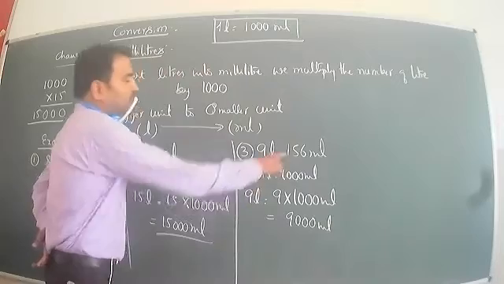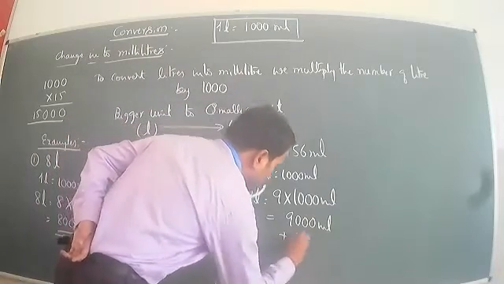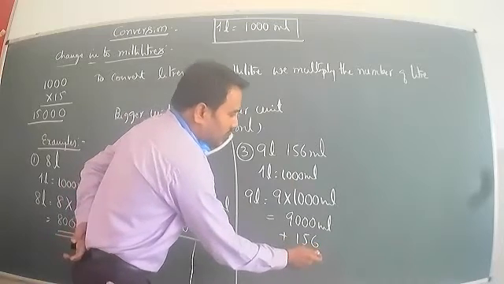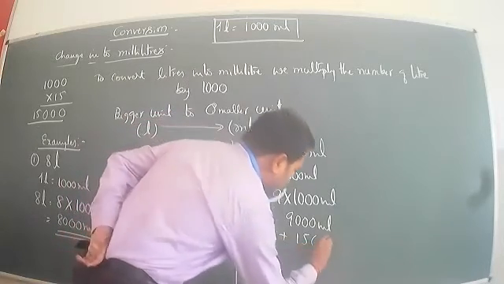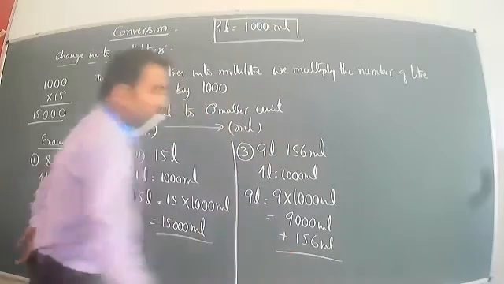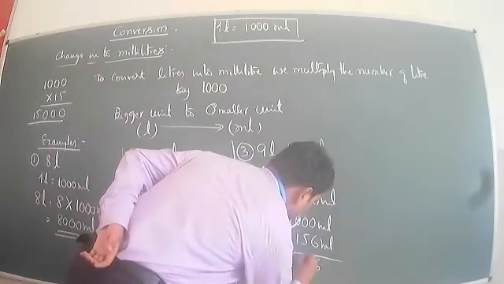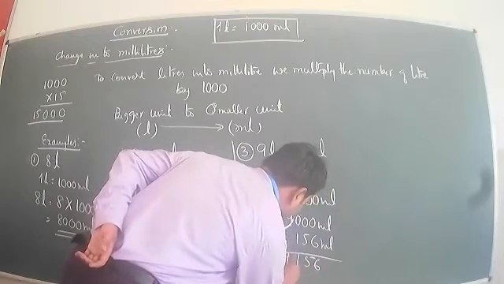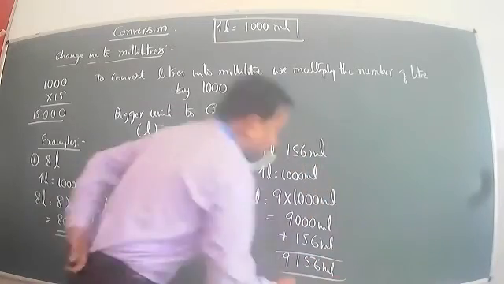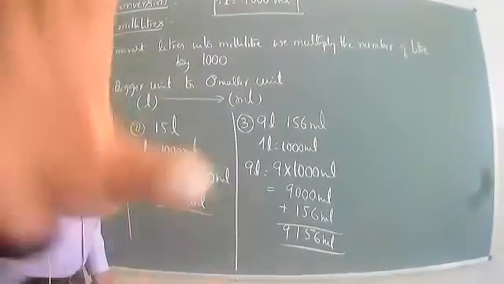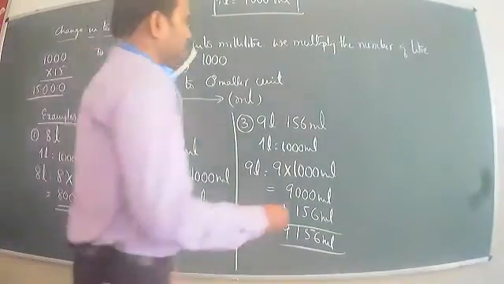Plus the remaining 156. It is a 3-digit number: hundreds place is 1, tens place is 5, ones place is 6. Adding, we get 9156 milliliter.